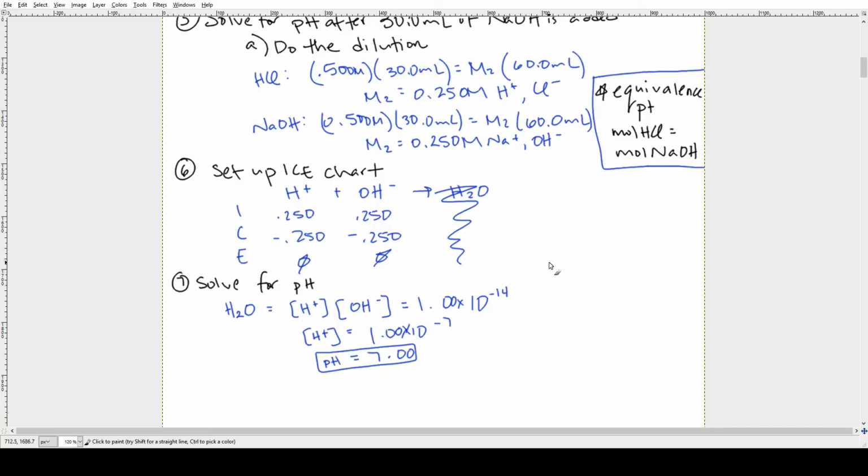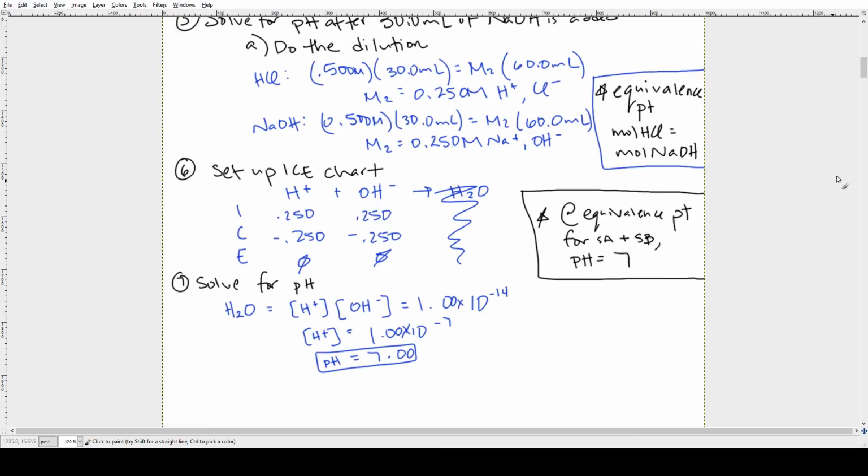And another important note that you could make is that at the equivalence point, oops, oh my gosh, looks like a V. At the equivalence point, for a strong acid plus strong base, the pH is equal to 7. So that's a helpful little note too.